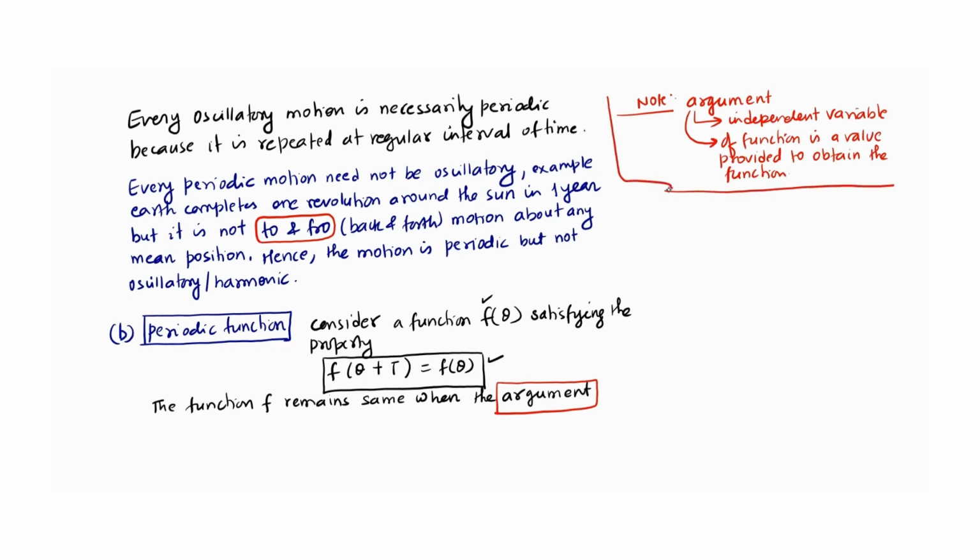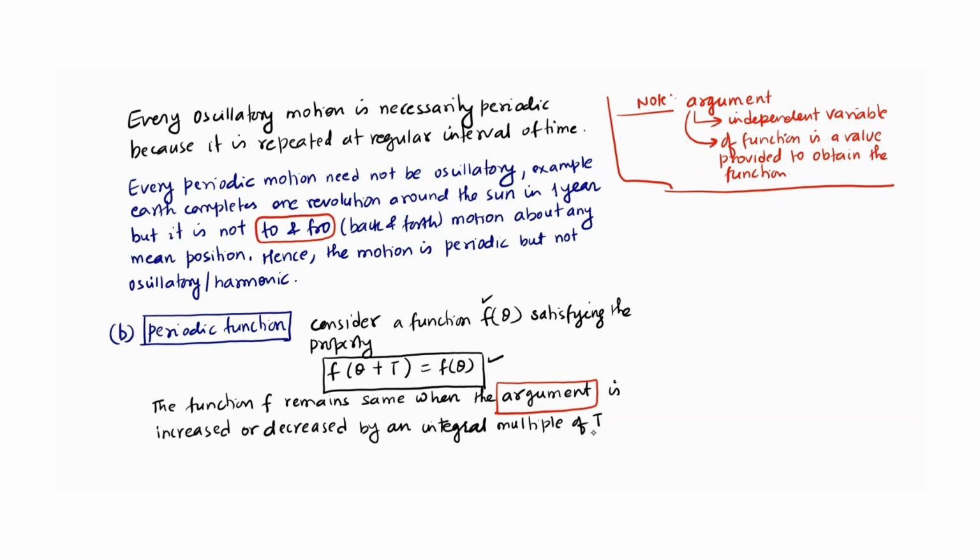So we have this, clear? So I'm writing over here, the argument is increased or decreased by an integral multiple of t.